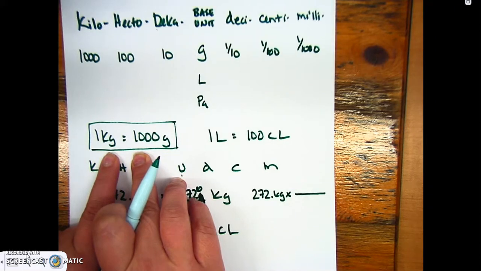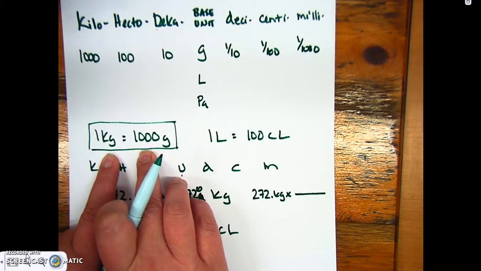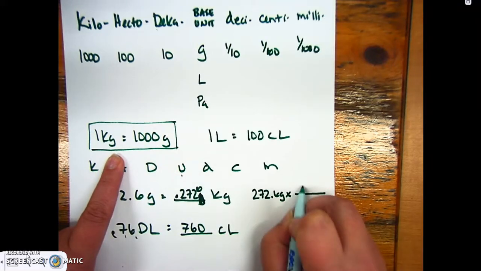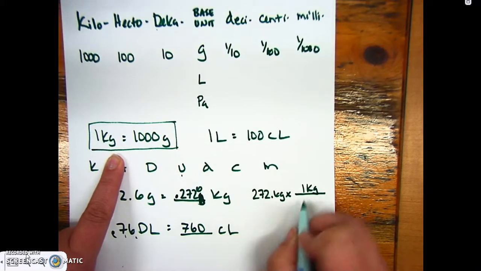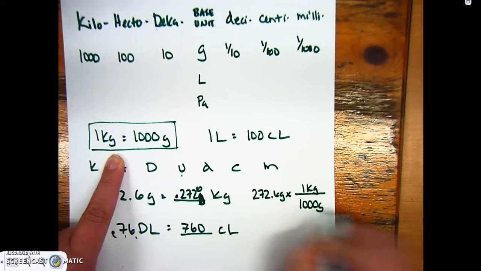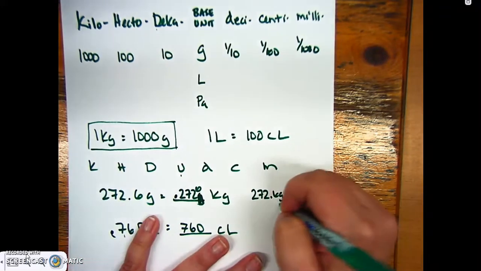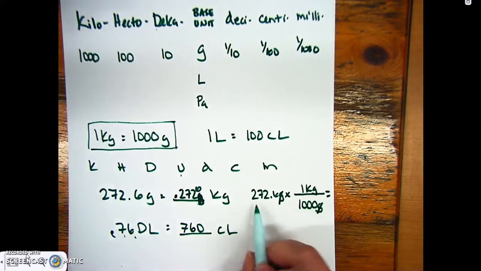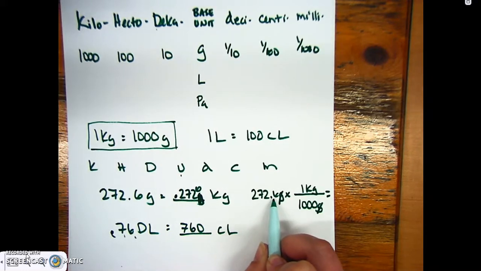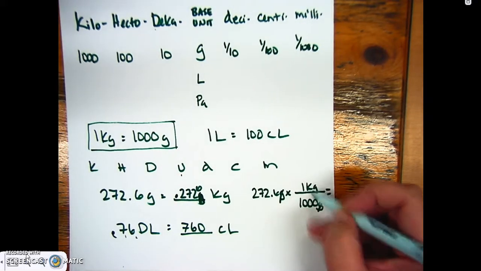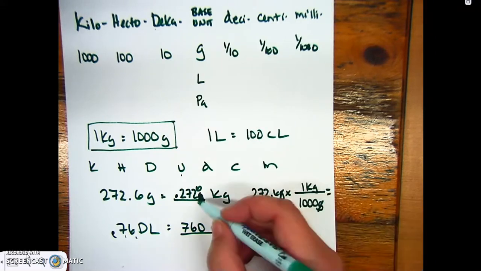So that 1 kilogram is 1,000 grams. And since we're trying to get to a kilogram, we would put the kilogram on top so that the 1,000 grams would cancel on the bottom. And so we would end up having these units cancel, and you'd have 272.6. Then you multiply by this fraction, which is 1 over 1,000. So we divide that by 1,000 and get this.